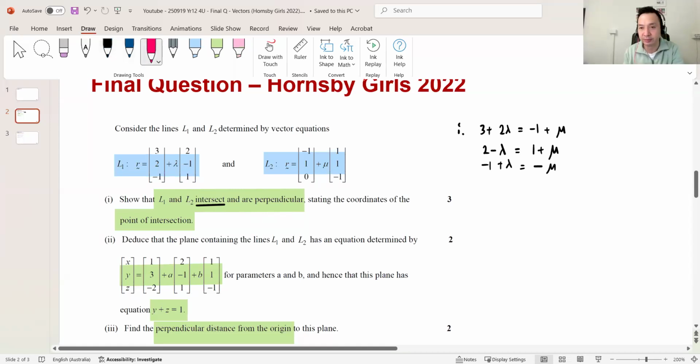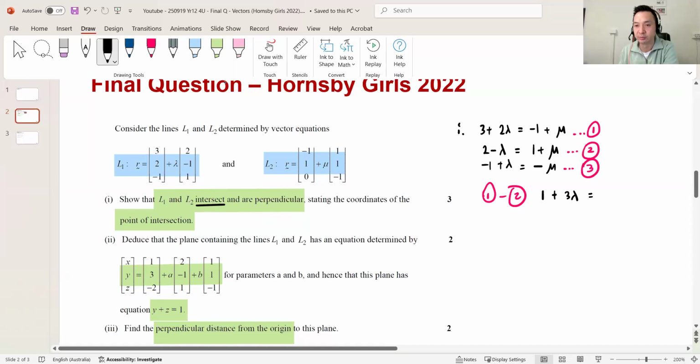So maybe equation 1 minus 2, just to solve for that. If I subtract, I get 1 plus 3 lambda minus 2, that's gone.